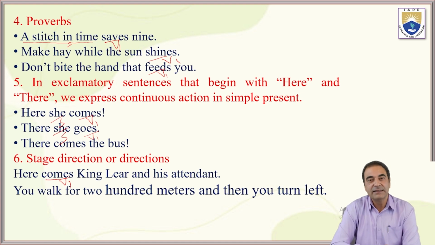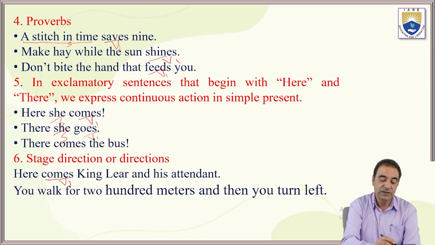Now look at the second example. You walk for 200 meters and then you turn left. Now this is a direction. Again, in showing directions, we use simple present tense instead of present continuous tense.